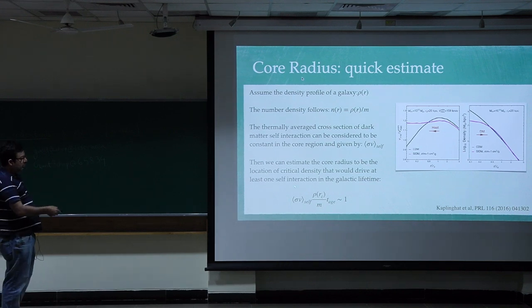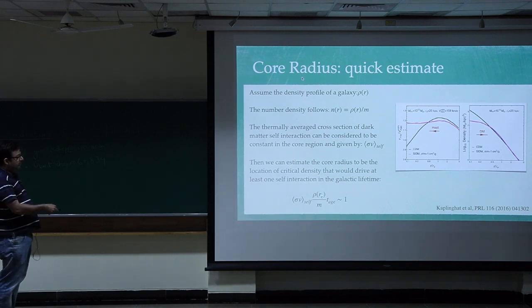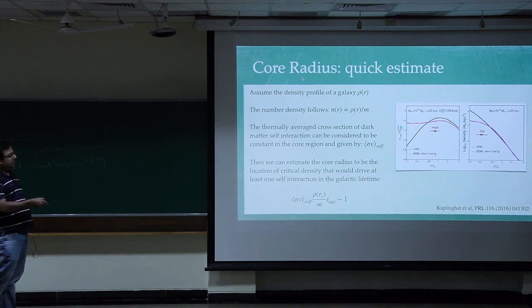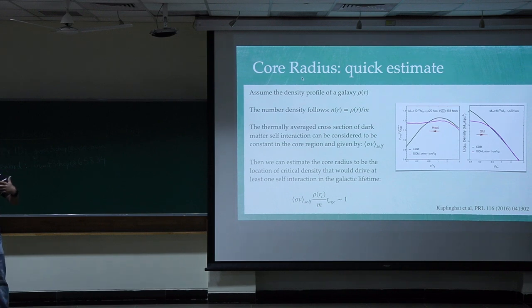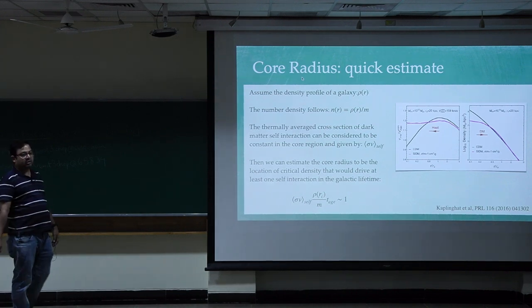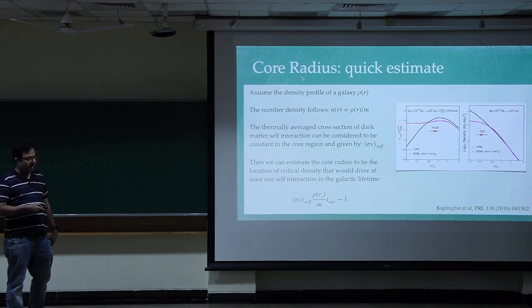So in the age of a galaxy, the number density is such that it can have at least one interaction in its lifetime. That would tell us the core radius, and this would typically be the size of that core. And one can actually go ahead and figure out what this core radius would be in real N-body simulations.